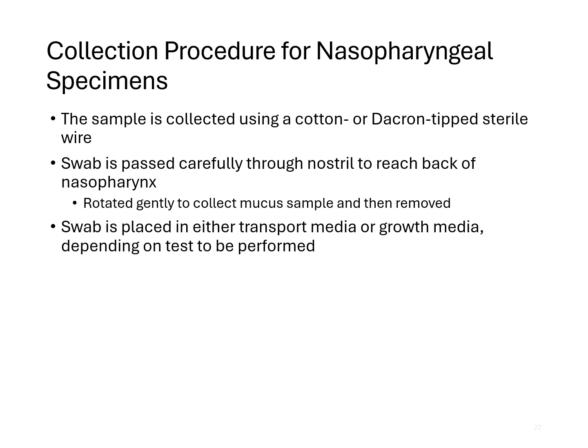But we need to make sure we get the appropriate specimen, so make sure you get back far enough and rotate it. Because if you don't do that, you're not getting the right specimen, and then at that point, why are we even testing, right? After you get that swab removed, you're going to place it into transport media or growth media, depending on which test is going to be performed.